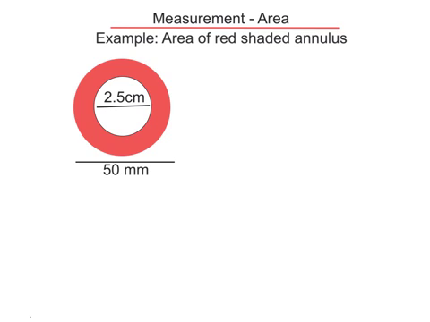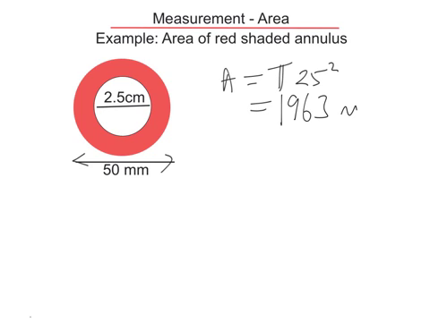The main circle is 50 millimetres across, so its area for the whole circle is going to be pi times 25 squared, because 50 is the diameter, and the answer to that is 1963 square millimetres.